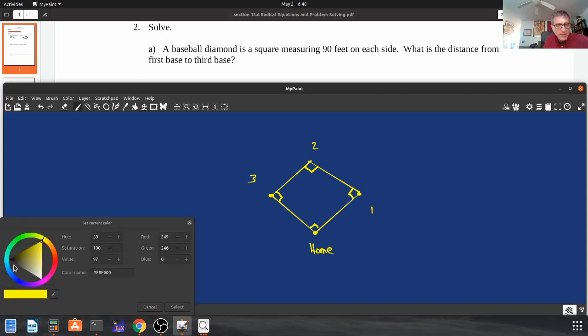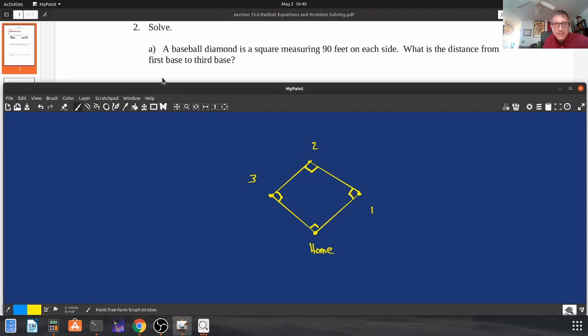So it says, find the distance from first base to third base. So let's find the distance between first base and third base. So remember, this is supposed to be a right triangle. So all I need to know is the length of these sides. They're saying that's 90 and 90.